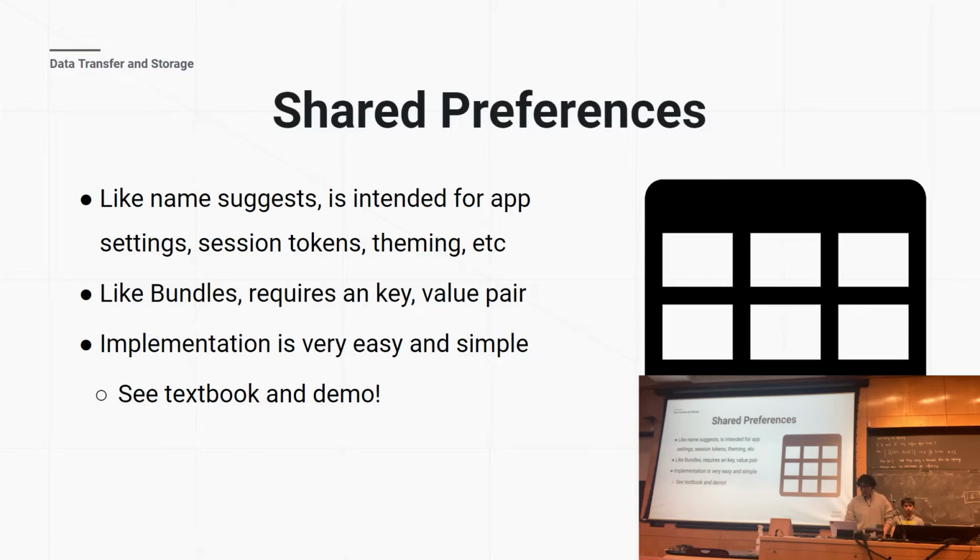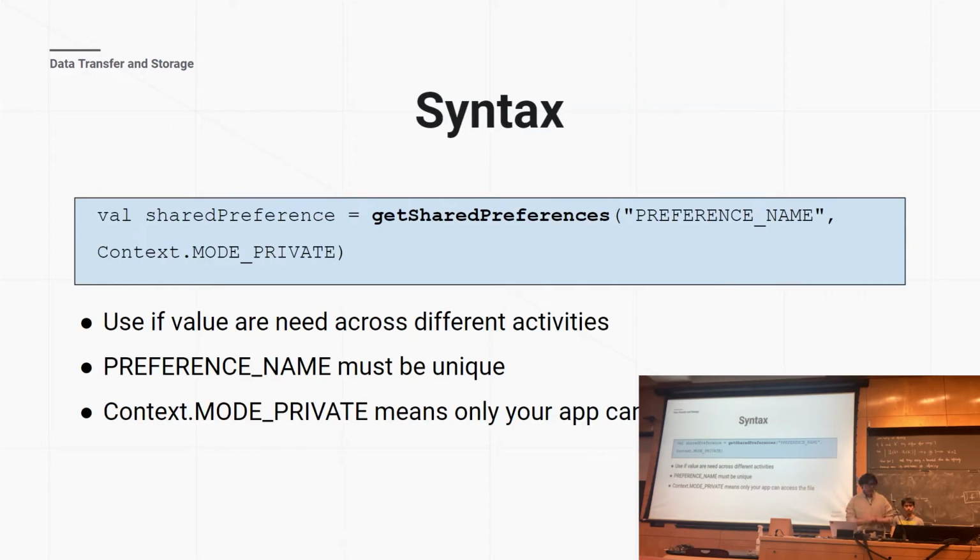So here is some of the actual syntax for how to use get preferences. Starting off, we want to create a file of sorts to store this information. To do this, we can use a function called getSharedPreferences.